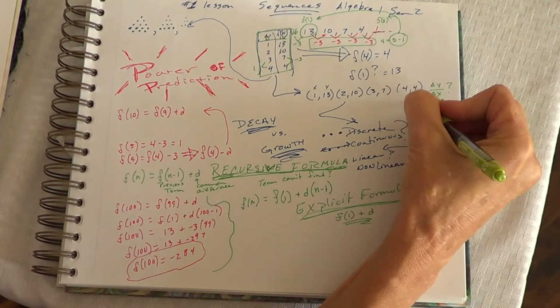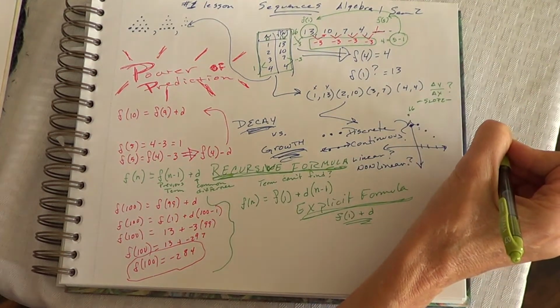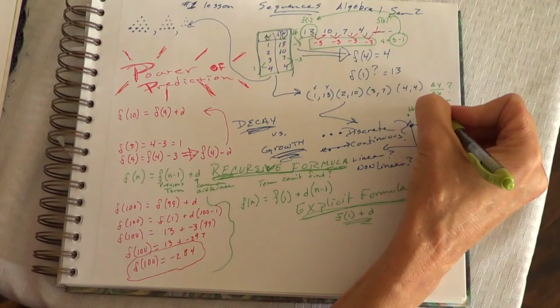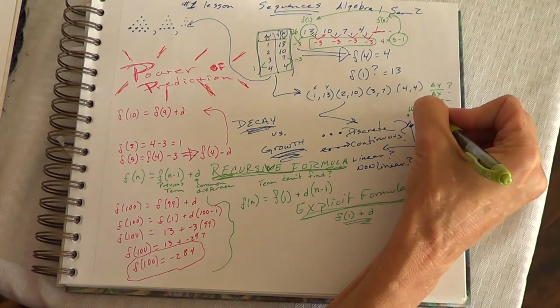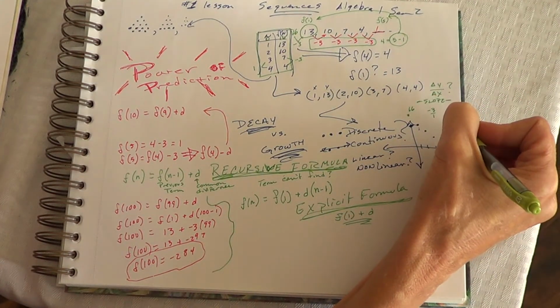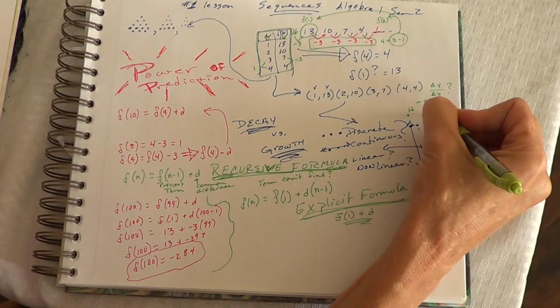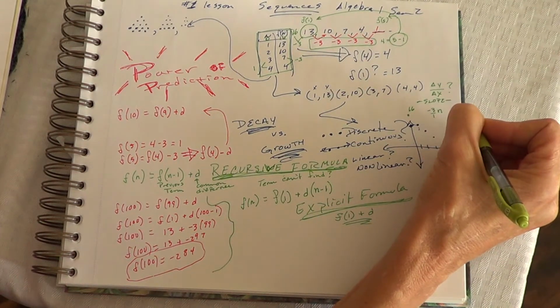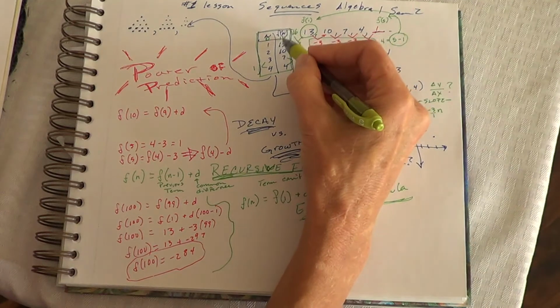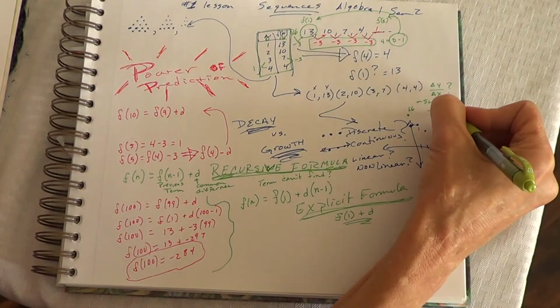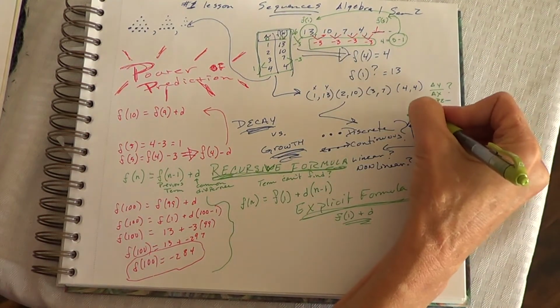So our common difference becomes a slope in these arithmetic sequences. We could have -3 over 1 times our n value plus our y-intercept. And there's another formula.